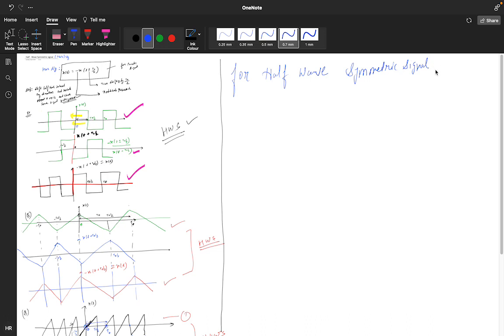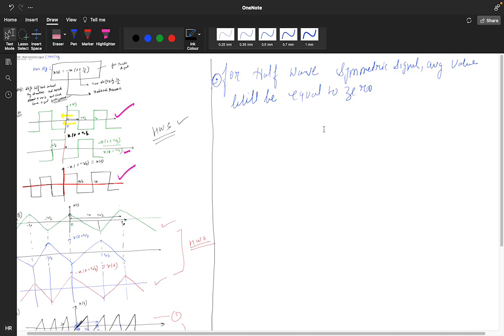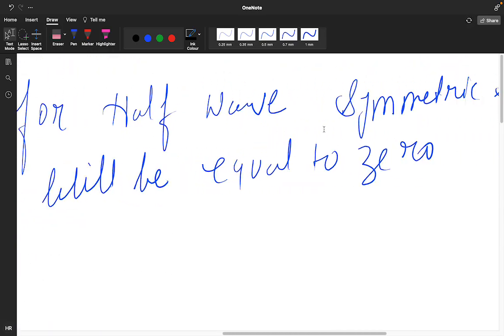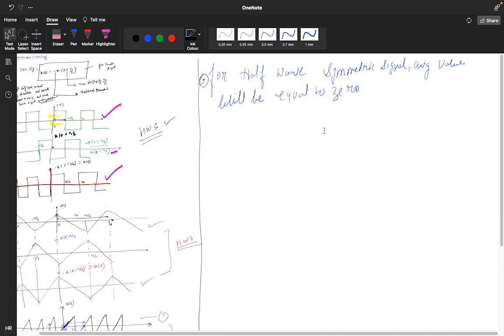For a half wave symmetric signal, the average value will be equal to 0. This is a very important point. For half wave symmetric signal, you will get the average value as 0.